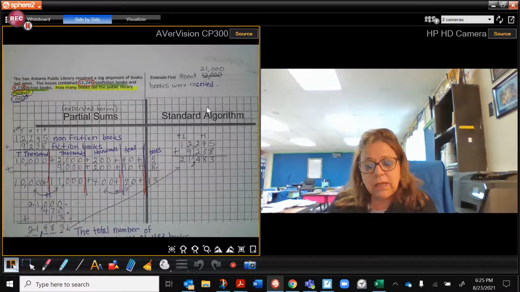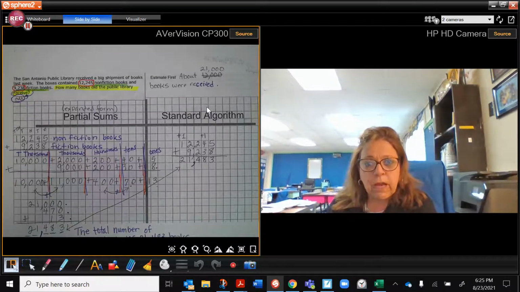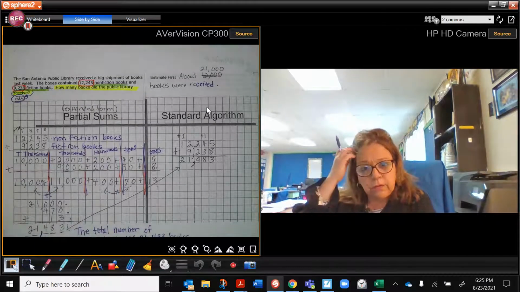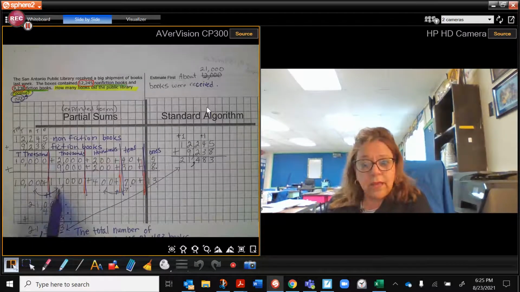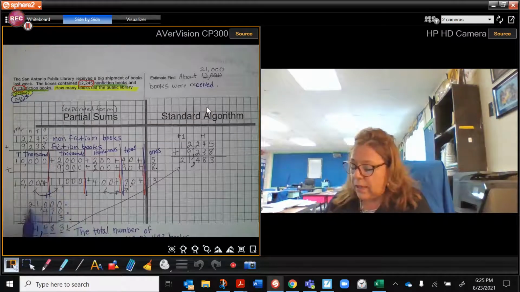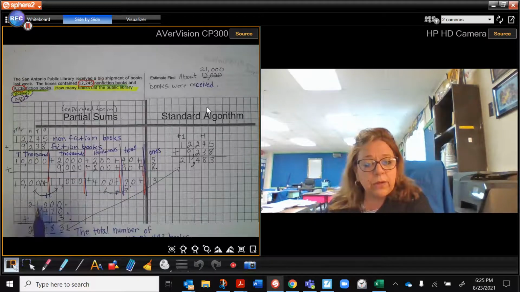Then I said I'm going to take some groups and add those up together so that I can see the actual total: how many books did the library receive in all, right? So I have 10,000 plus 11,000, and I said it was 21,000. Then I added 400 plus 70, and that gave me 470, leaving my 13 ones that I'm going to add in.